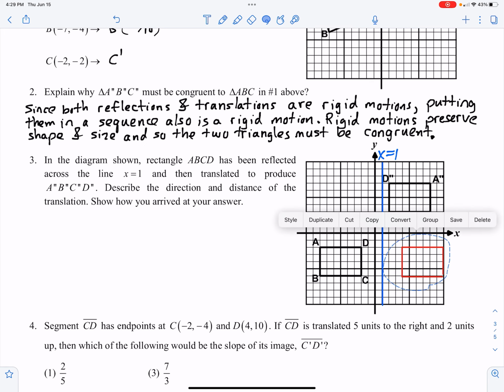Okay, now, once we get that reflection, what do we do to get the top image above, A double prime, B double prime, C double prime, D double prime? We would have to move that 1, 2, 3, 4, 5, 6, 7, 8, 9 units upward and 2 units to the left.